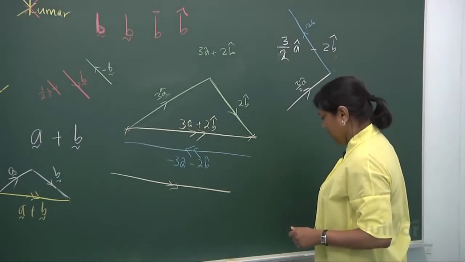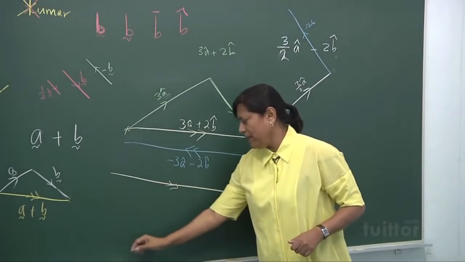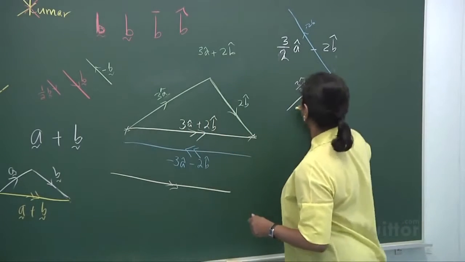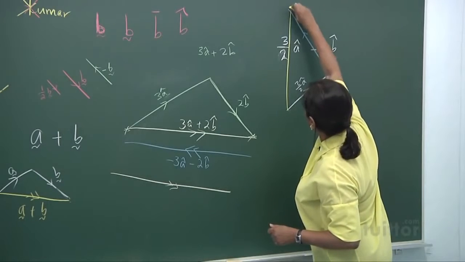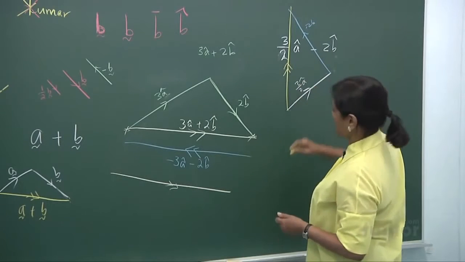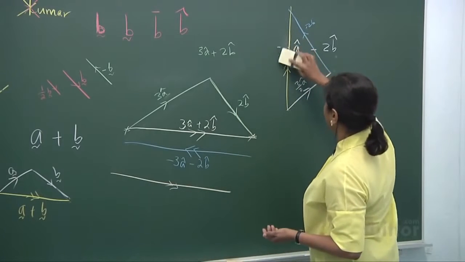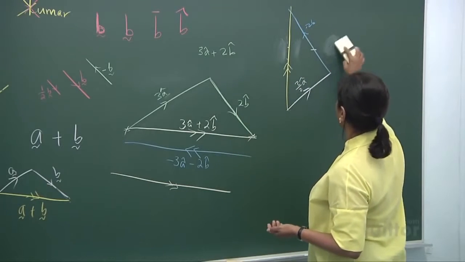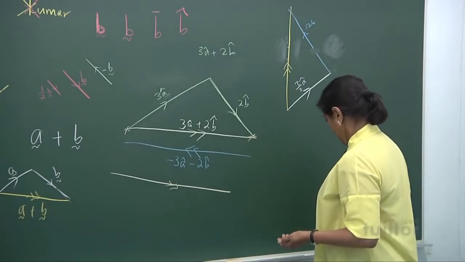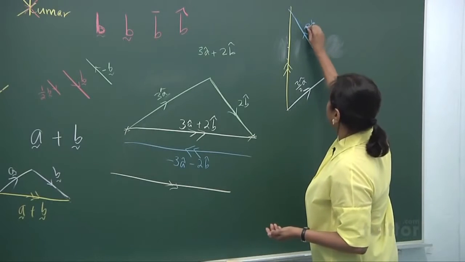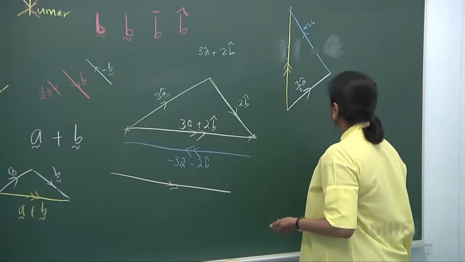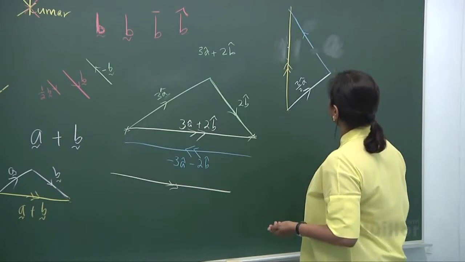And so the resultant vector will be this, from here to here. So this is what we get. Alright, so I'm going to write it out again. This blue one is a minus 2B. Let me write it out properly.